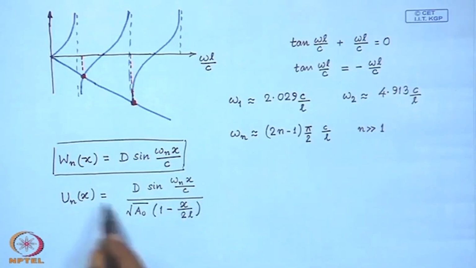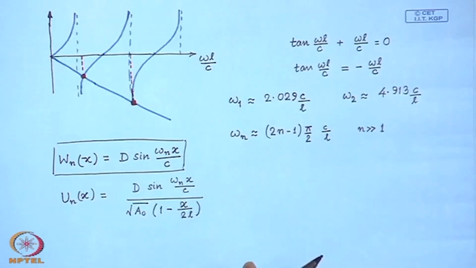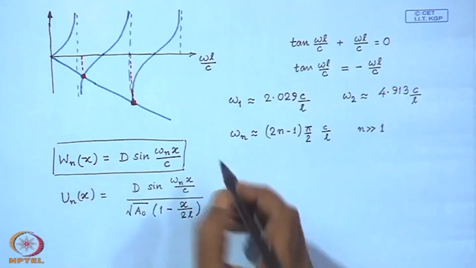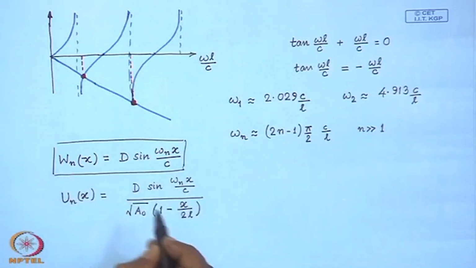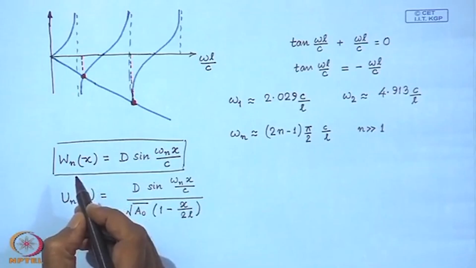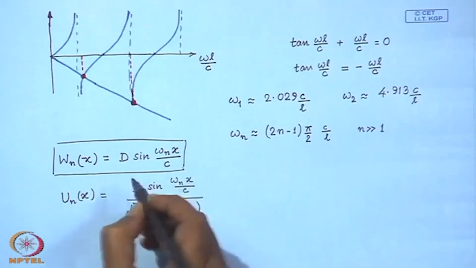So, this is from the structure of W that we had selected. So, W was nothing but this.